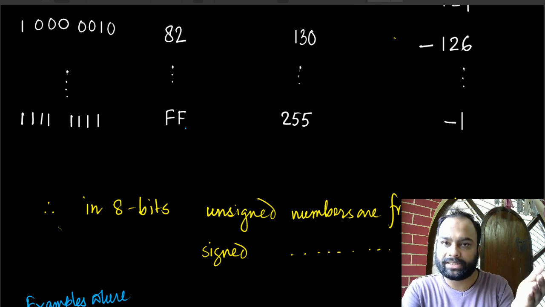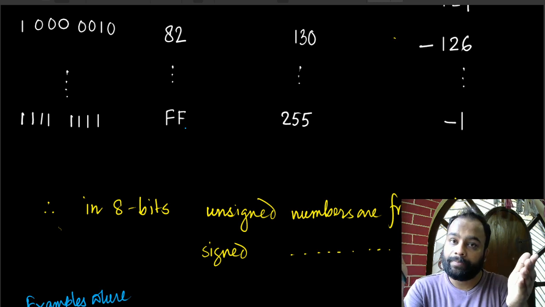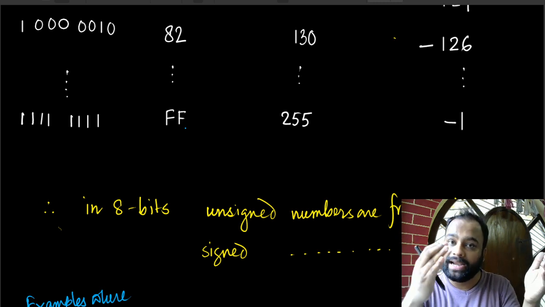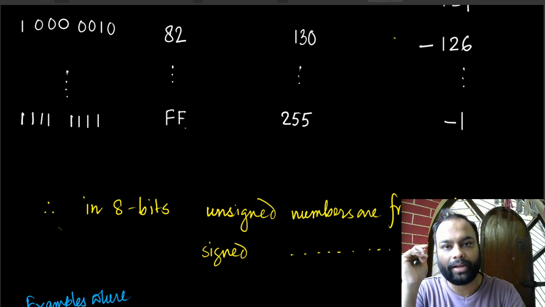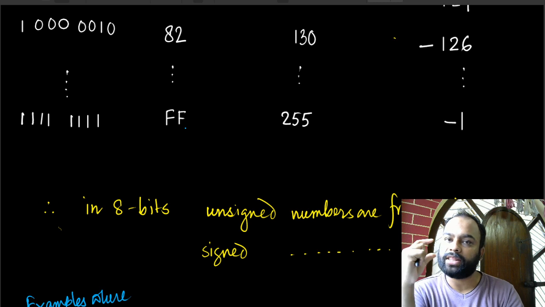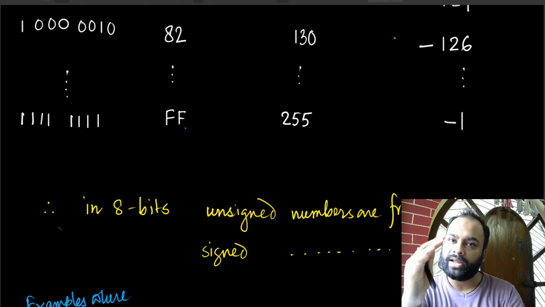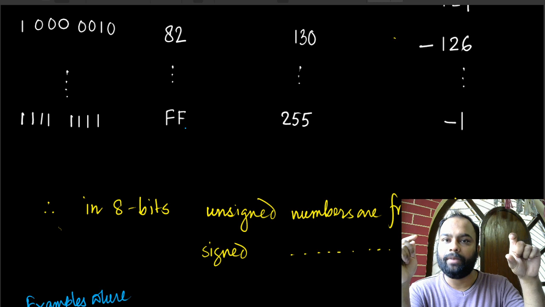That's what it does. But whether you treat the most significant bit as a part of the number or as a part of the positive or negative sign is entirely up to you as the programmer. The microprocessor has no way of knowing that. It only checks the most significant bit. If it's 1, it sets the sign flag to 1. If it's 0, it sets the sign flag to 0. So sign flag equal to 1 means the most significant bit is 1.